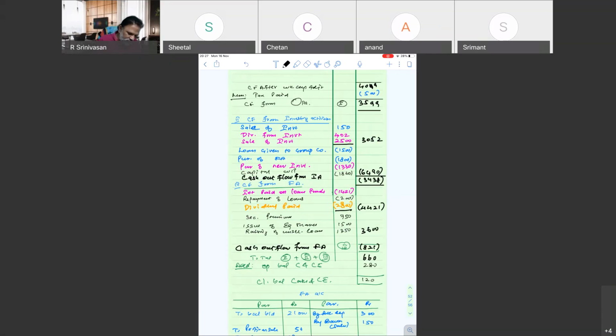I'm not going to do that. Just go through it, and in case you find any difficulties, let me know. So in the next class we will be completing valuation and reporting of financial instruments. Ind AS 109 it is there.